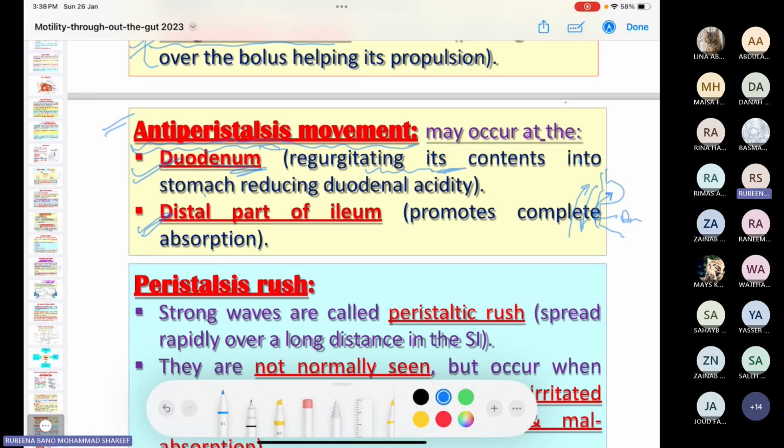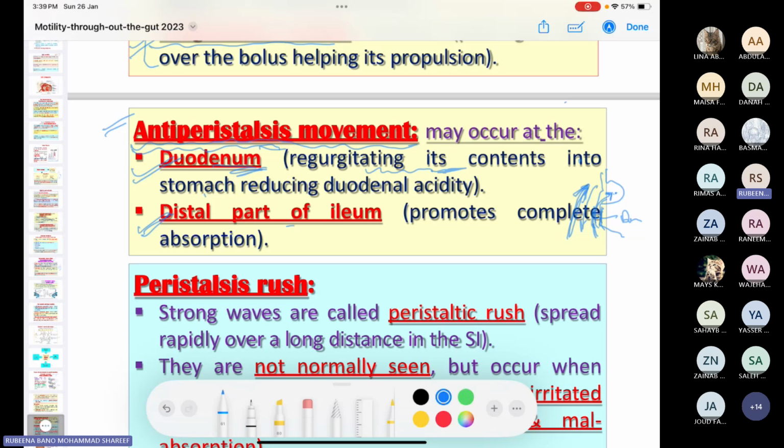So it will start anti-peristaltic movement, and it will regurgitate the content into the stomach. Now the highly acidic chyme returns back into the stomach, so the acidity of the duodenum will be reduced. Okay, so it is kind of a protective mechanism.